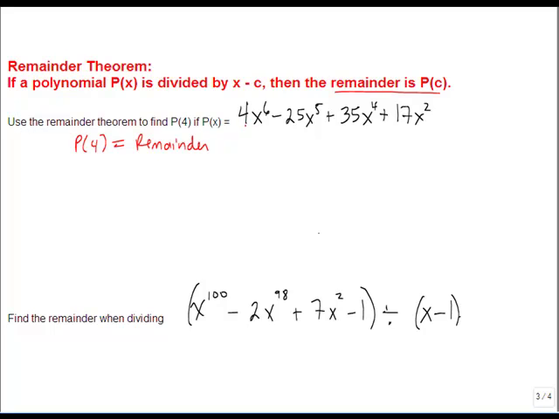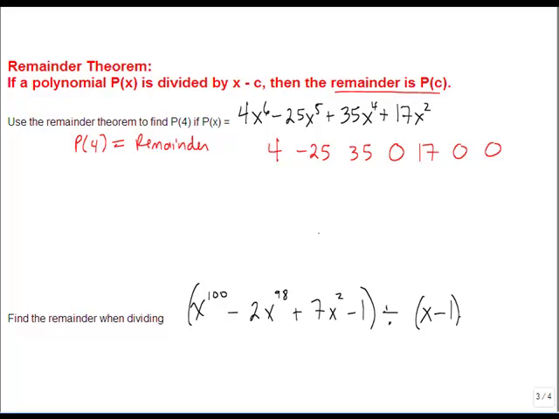So my coefficients for my polynomial are 4, negative 25, 35, there's no cubic term, so I'm going to use 0, 17 for the x squared, there's no x term and there's no constant term, but I still need to hold their place with zeros.